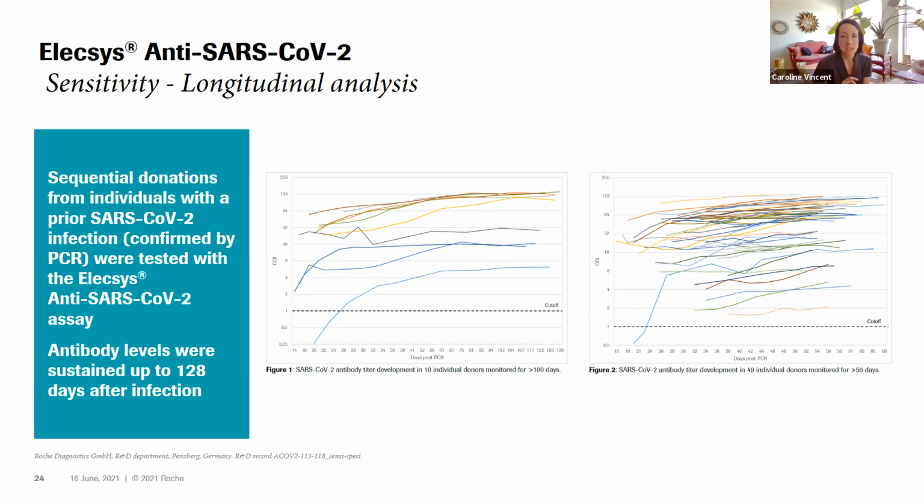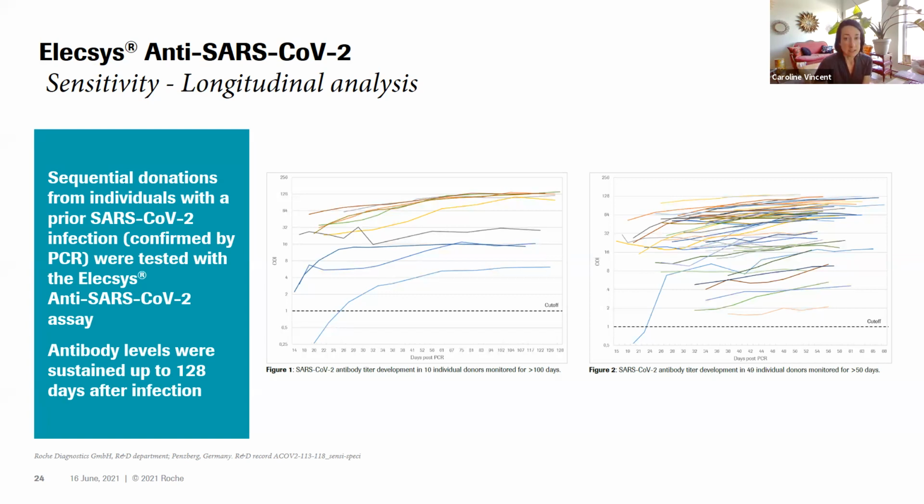We included in this data analysis donors who had at least 5 draws and a minimum of 50 days of testing. In the figure on the left, we have 10 donors who had more than 100 days of sampling, and in the figure on the right, we evaluated 49 donors with more than 50 days of sampling.